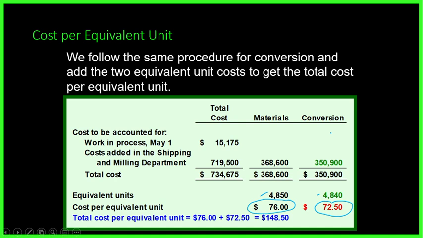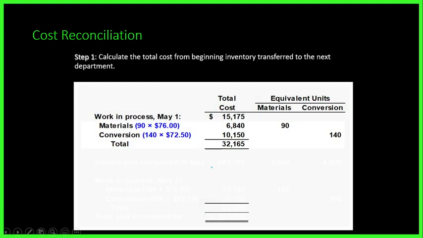Okay, so now you know your total cost to be accounted for. And let's reconcile that. Okay, this is the cost of the beginning and the current period, which went to your ending and completed and transferred, diba?